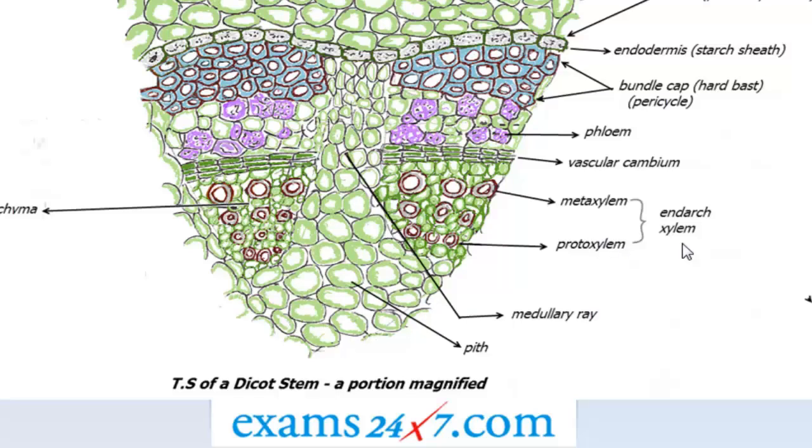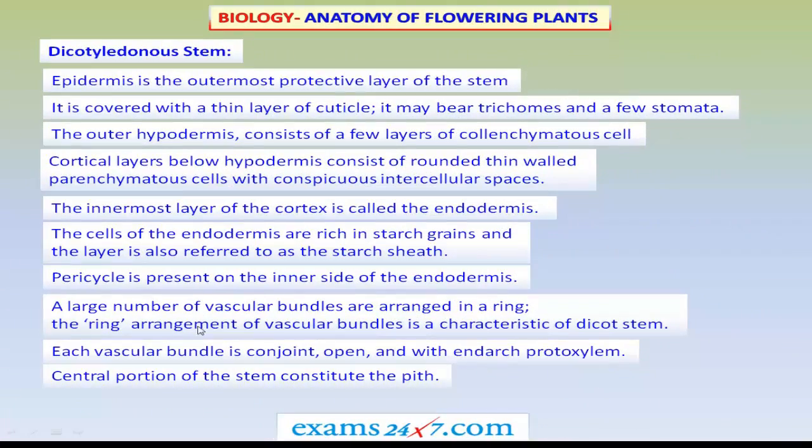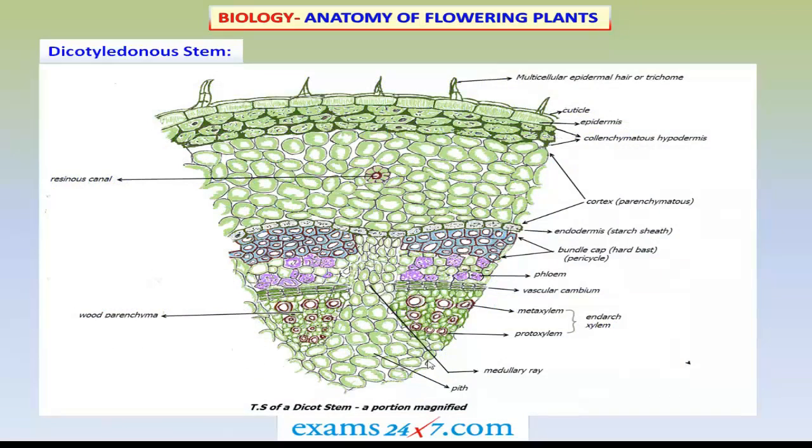So, in the stele of a dicot stem, we find the vascular bundles arranged characteristically in the form of a ring within the endodermis, and at the central portion of the stem we observe a lot of loosely arranged living parenchyma cells forming a prominent pith.